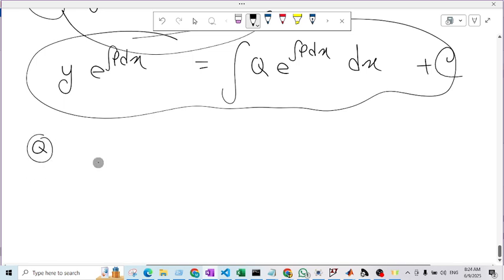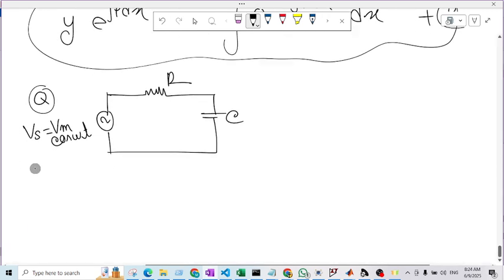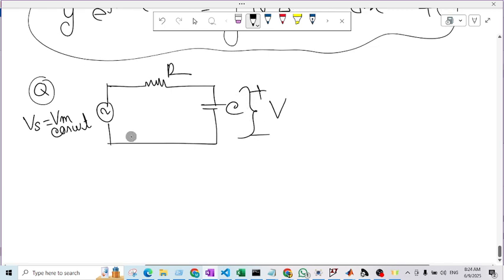Let's say we have a sinusoidal voltage source, a resistor R, and a capacitor of capacitance C, and the source voltage is Vm cos omega t. Now let's find the voltage V across the capacitor, and to do so we have to write some equations.